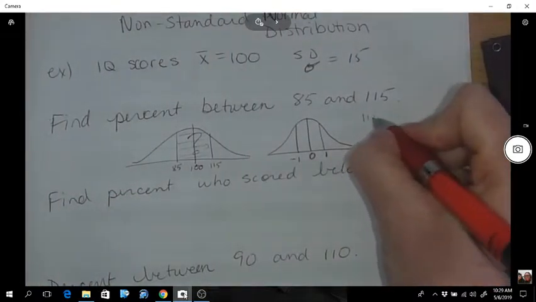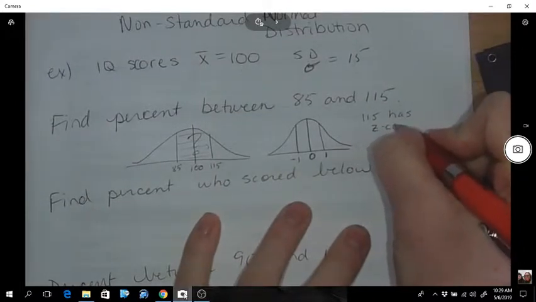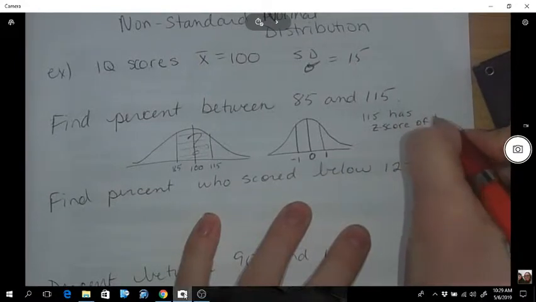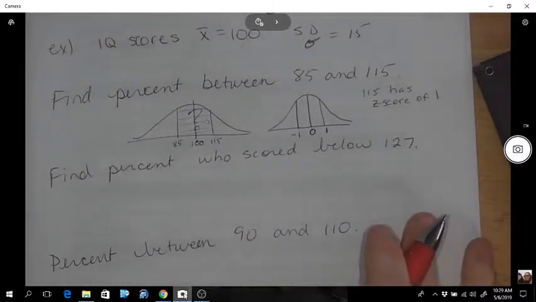So in other words, 115 has a Z-score of exactly 1, and 85 has a Z-score of exactly -1.